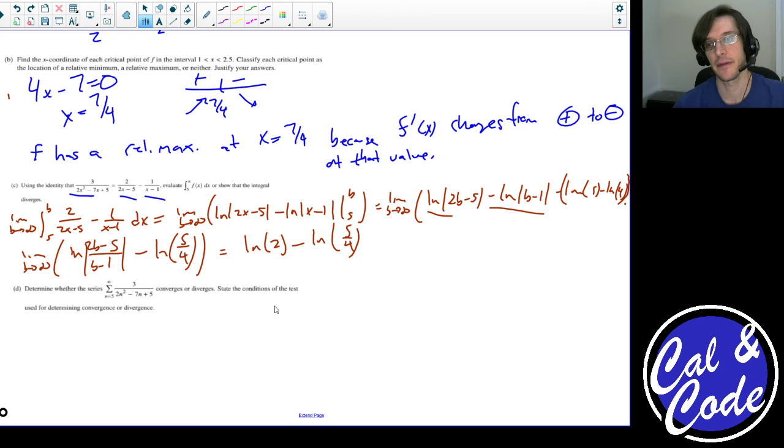Then they asked me something that is very much related to what we just did. They said, if I turn this thing into a series from 5 to infinity instead of an integral from 5 to infinity, does this series converge or diverge?